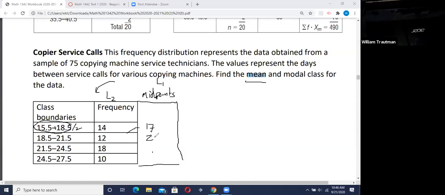I bet I know what the next one is. If you notice, after a while, they keep on going, increasing by 3. The next one's going to be 23, and the next one should be 26. And you can check that out.